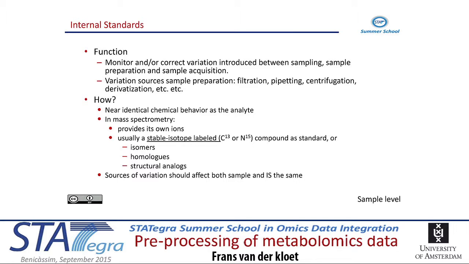Usually it's a stable isotope, a C13 or an N15 compound of the one that I'm interested in. It could also be isomers, homologs, or structural analogues if you cannot find the appropriate stable isotope. And the idea is that the sources of variation should affect both the sample and the internal standard equally.